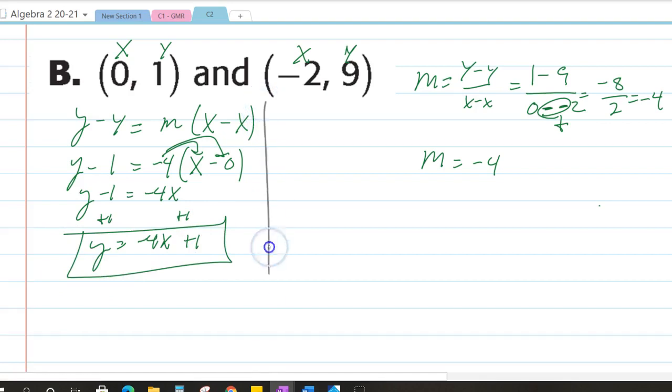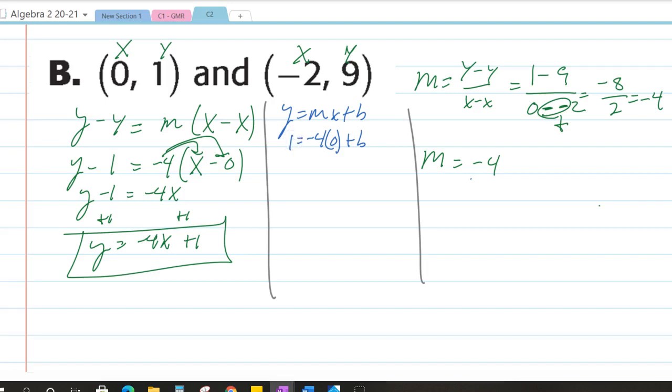The other way of doing this would be to plug it into slope-intercept form to begin with. So I know that's y equals mx plus b. I have an m of a -4. I have an x that is a 0 plus b, our missing variable.